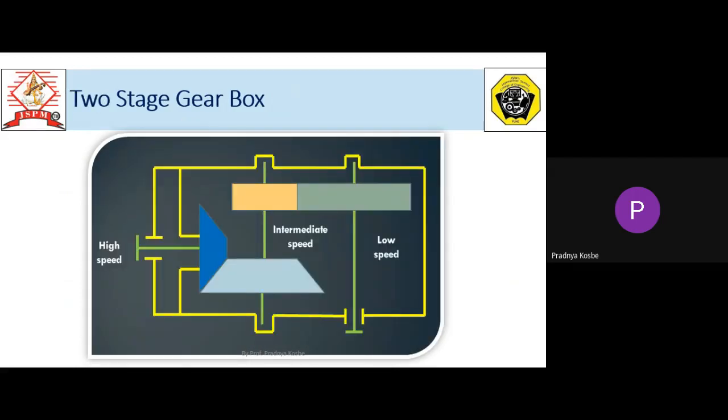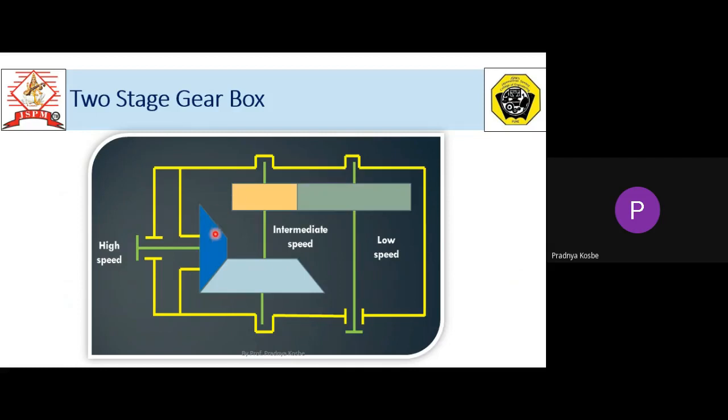Then the two stage gearbox. In a two stage gearbox, there are four gears and speed reduction takes place within two stages, so it is known as a two stage gearbox.